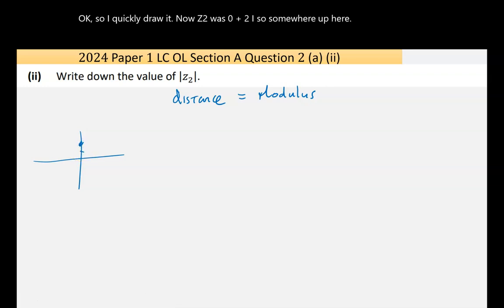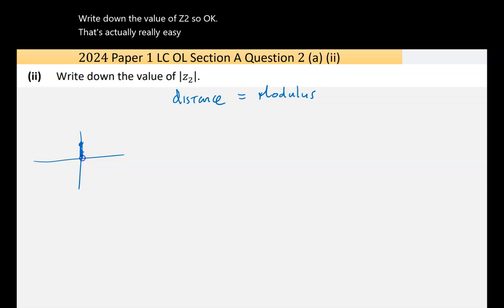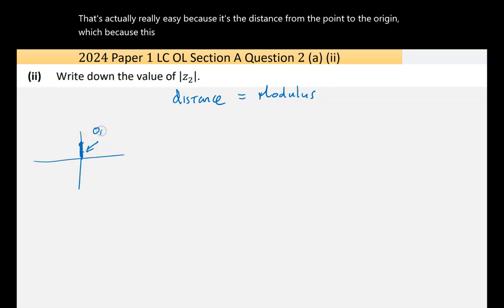Write down the value of |Z2|. So, okay, that's actually really easy because it's the distance from the point to the origin, which, because this is 0 plus 2i, it's 2 units away. So the Argand diagram really helped me.